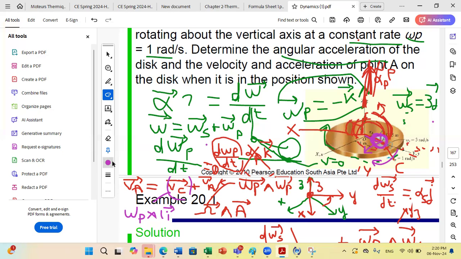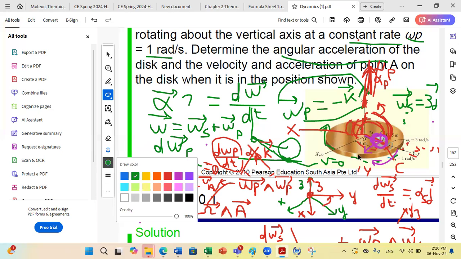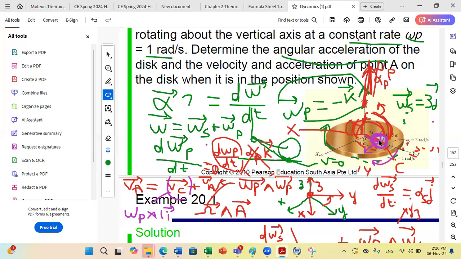Let me draw it in another color. So this is point C here. And if you stand on small x, small y, small z, you will see relative to C only rotation of A, it's rotating about C. And because the direction is along positive j, the velocity will be like this, in this direction.